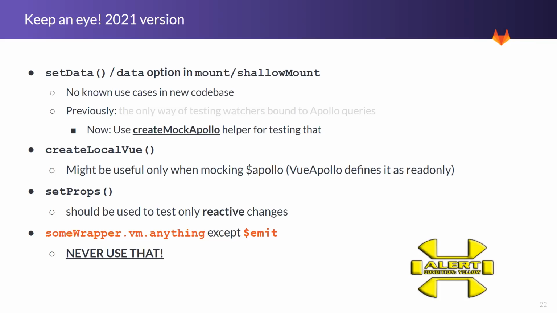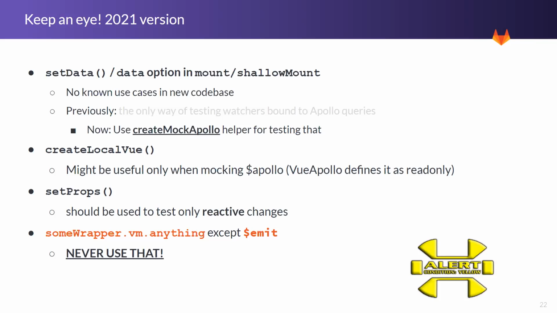Create local view. Since we've migrated to Jest, Jest is resetting the state of all node modules for each test. That means you are free to use Vue.use(Vuex) in your test file and it will not pollute any other test environment. It will affect exactly one file.